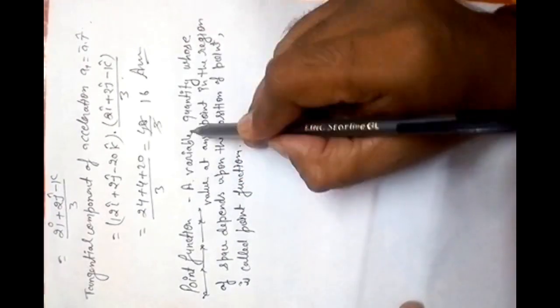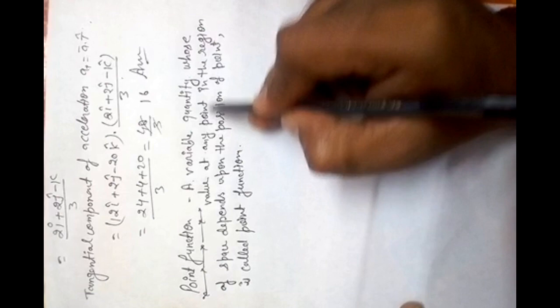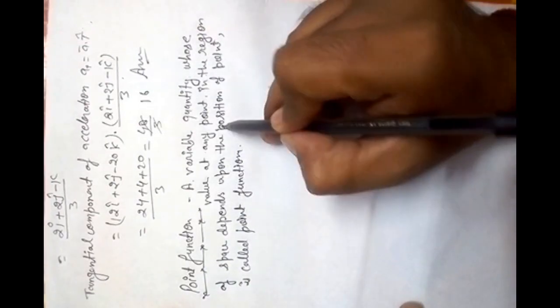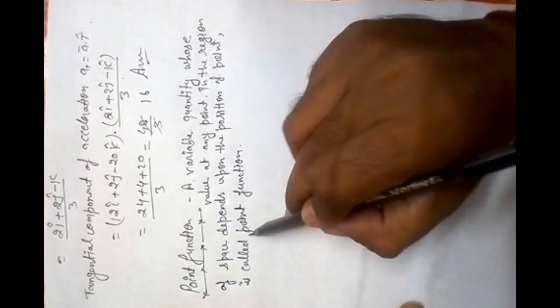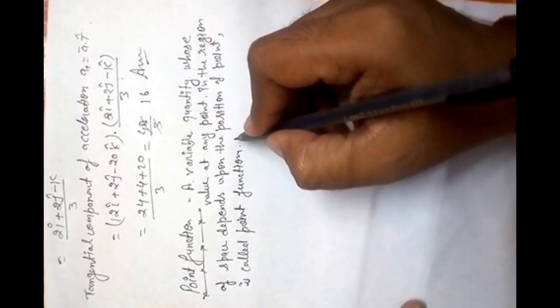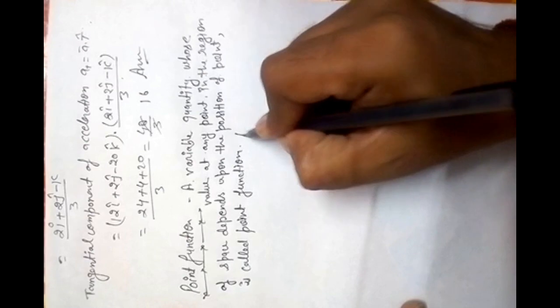That means a variable quantity whose value at any point in the region of space depends upon the position of the point is called the point function. There are two types of point function.